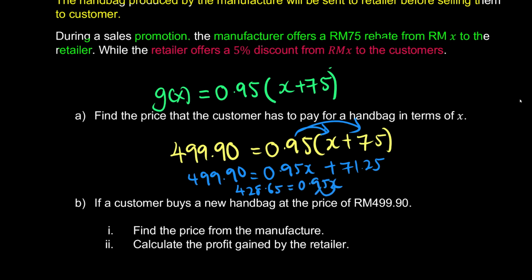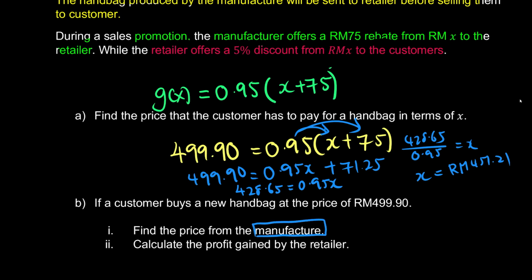And the times, go there, become divide. So we have 428.65 divided by 0.95. So we get our x is eventually RM451.21. So we know this is the price from the manufacturers.